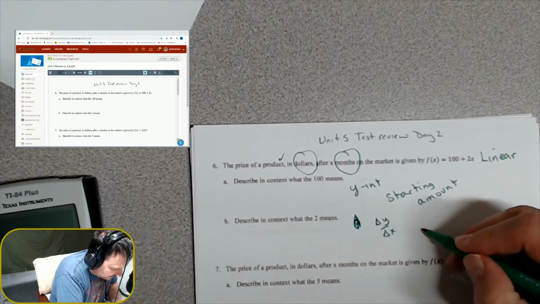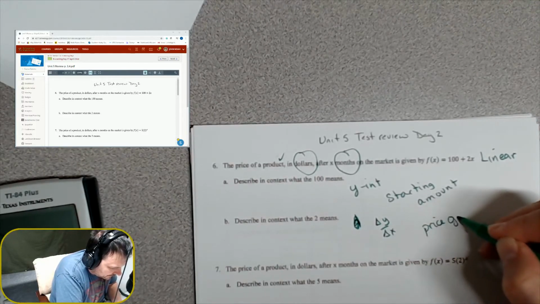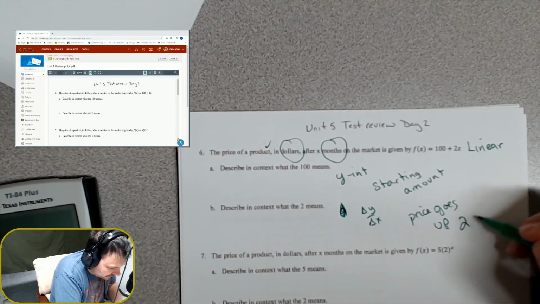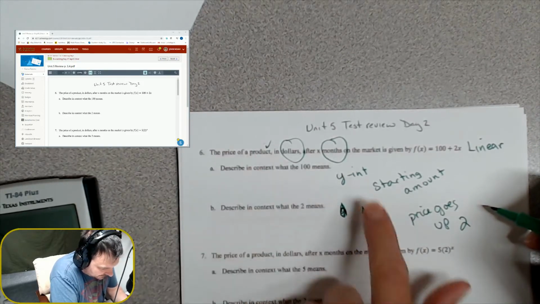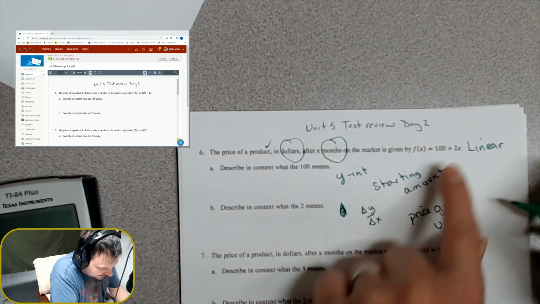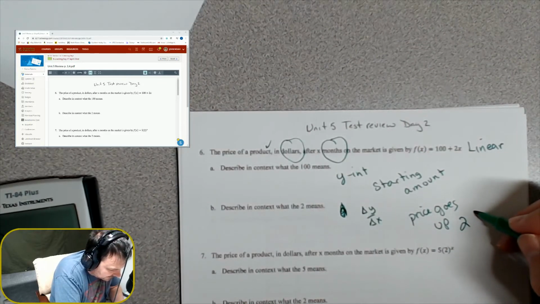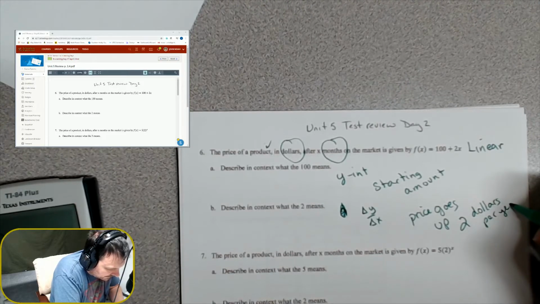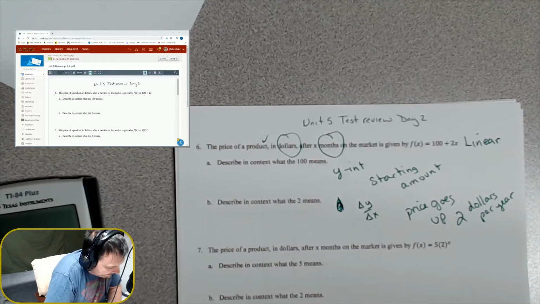So the price goes up since it's positive, up $2. Now you got to get the units right. The price is dollars, that's the y, and x is months, x is usually time, $2 per month. Price goes up $2 per month. You see what I mean?